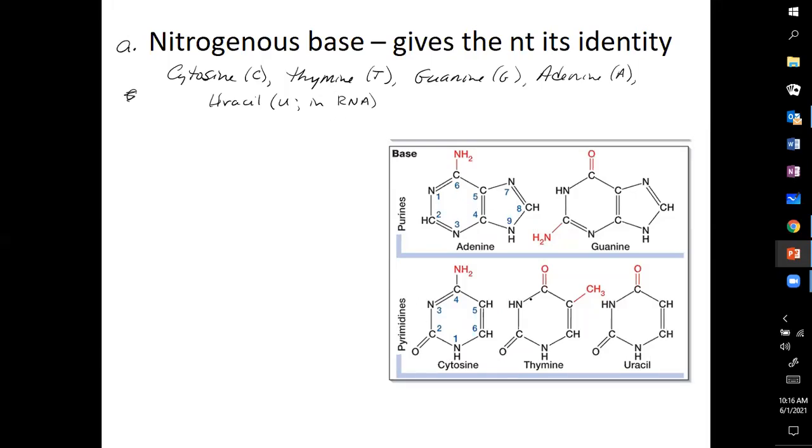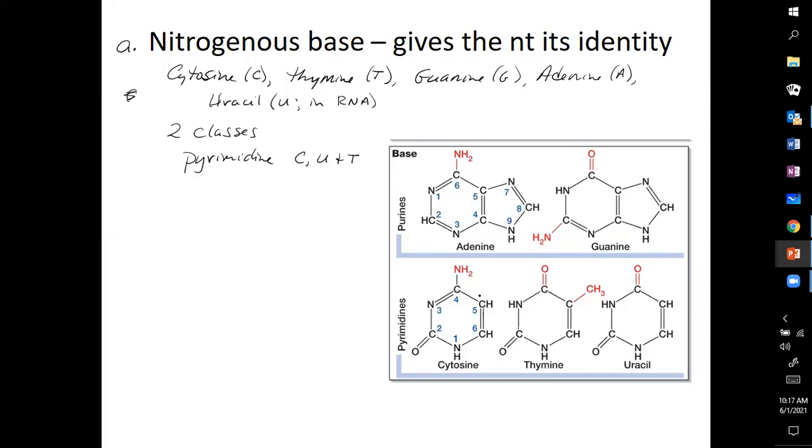We can categorize these into 2 different classes. The pyrimidines are C, U, and T: cytosine, thymine, uracil.